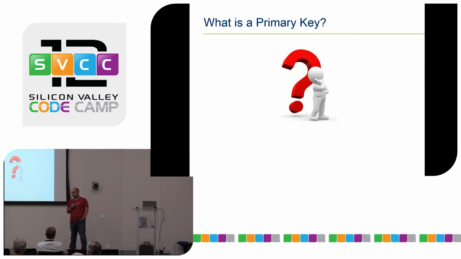Okay. What type of identifier, other than being unique? Okay. Any other thoughts? What is a primary key?